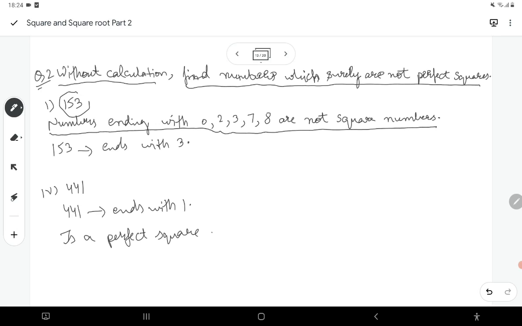So the first number is 153, and it ends with one of the digits which, when it comes at the unit place, makes the number a non-perfect square. So 153 ends with 3, it is not a perfect square. Next number is 441. It ends with 1, which is not one of those digits, and we know that 441 is a perfect square.